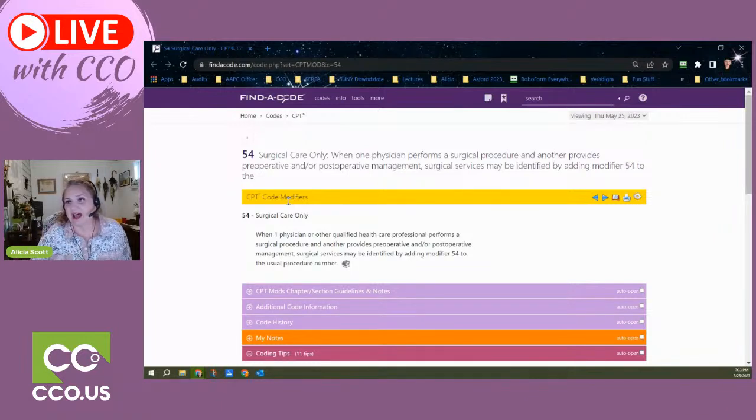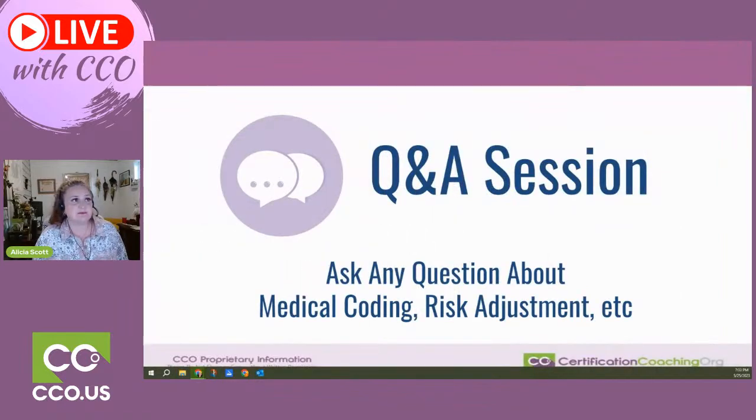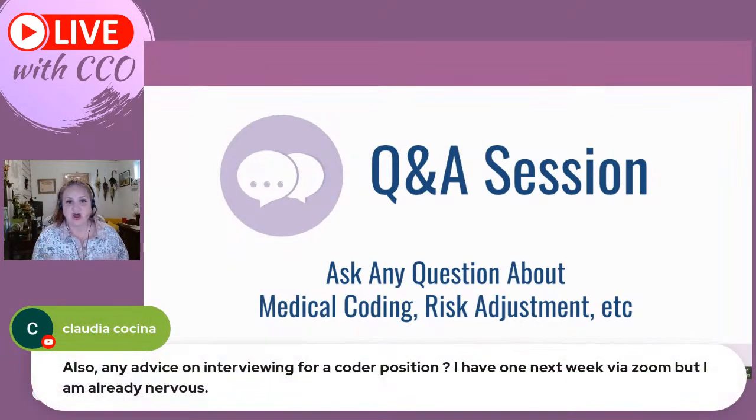So it already spells it out. It would be redundant to go ahead and apply a modifier 54 in that scenario because, again, it already states it in the description. All right, we are ready for some questions.